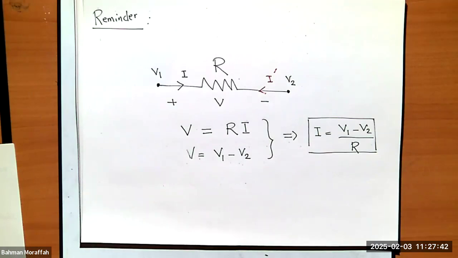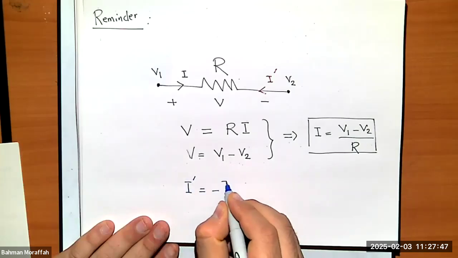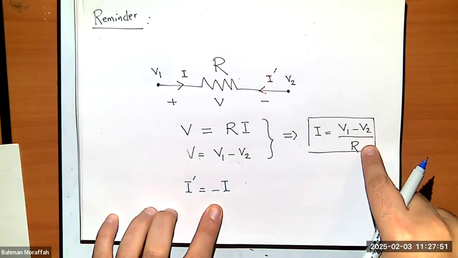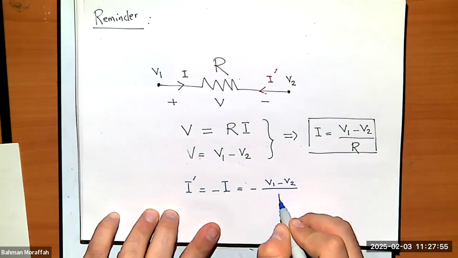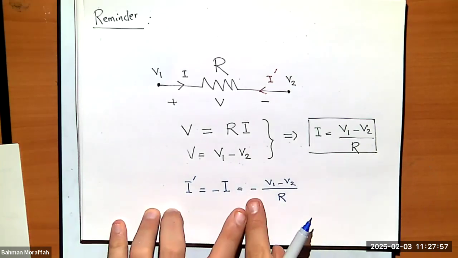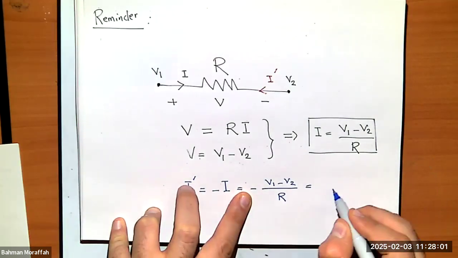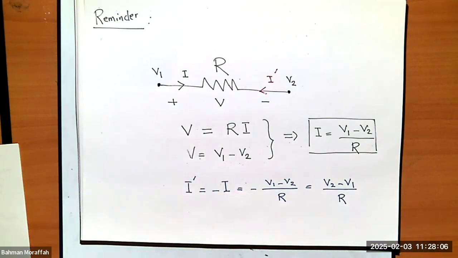So we know I prime is negative I, but I know I is this guy, so it's negative (V1 minus V2) divided by R. I can distribute this sign over here, so I get V2 minus V1 over R. Very simple.